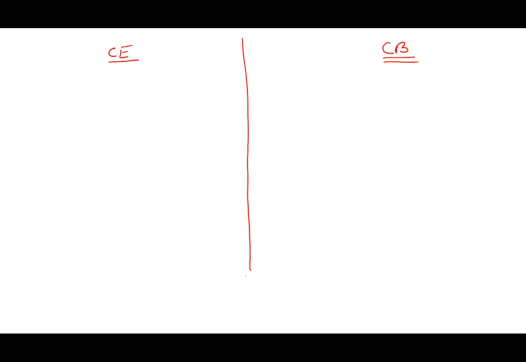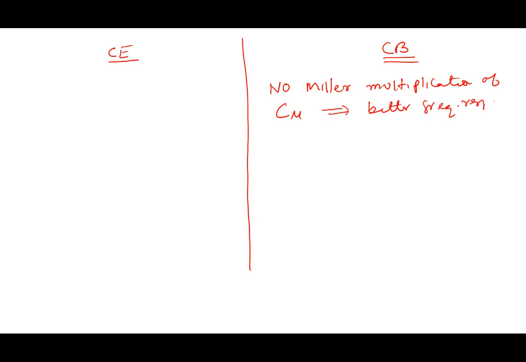Cutoff frequency dependence. Common base advantage? No Miller multiplication of capacitance, basically of C mu, so better frequency response. That's the advantage of this one.